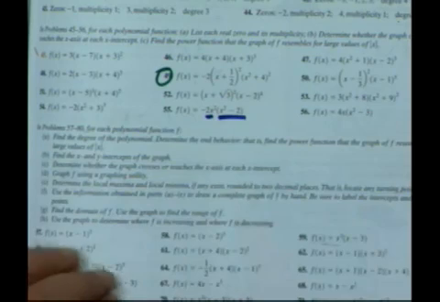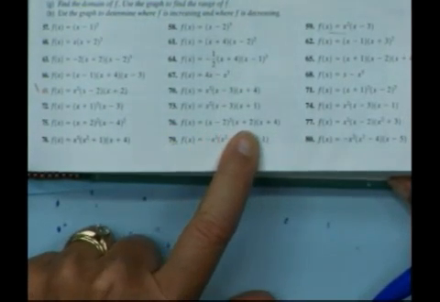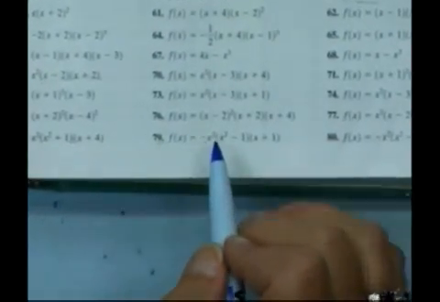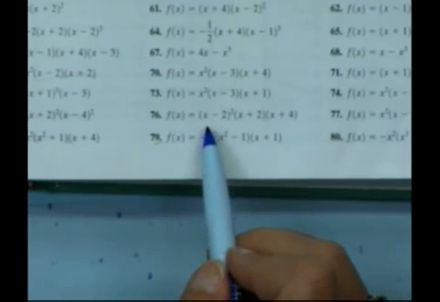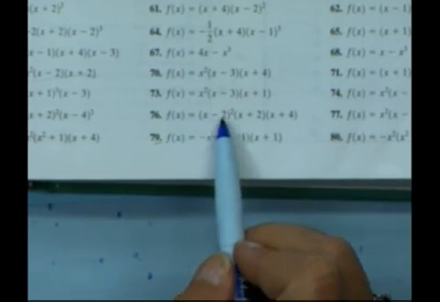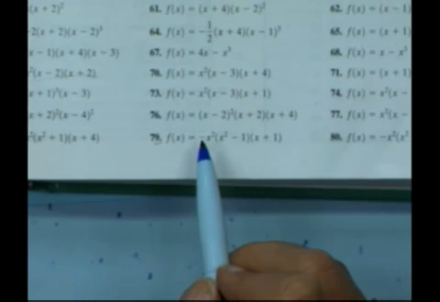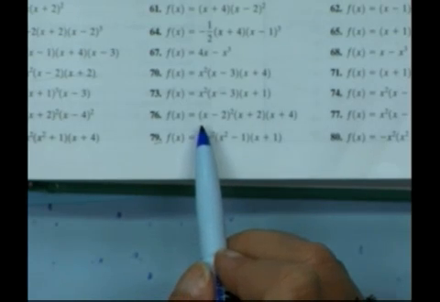Number 76, bottom of the page, 331, number 76. Okay, the degree of this polynomial, what is it? If you multiplied all the x's out, what would you have? x to the 4th.